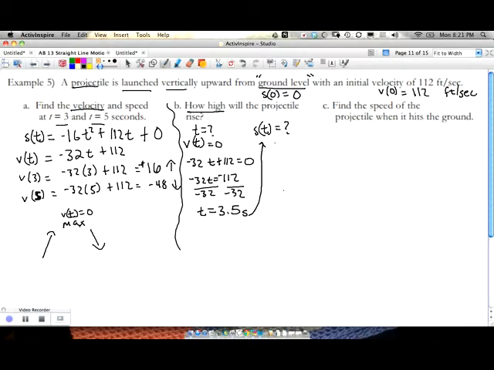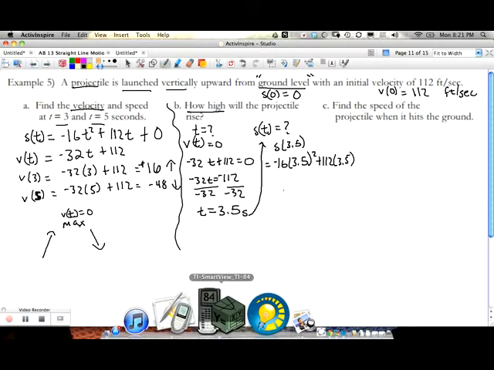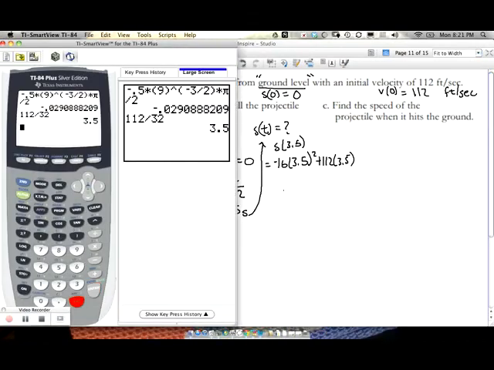Now we're going to plug that in. And what's s of 3.5? That's really the height at which we reach a maximum. So that's equal to negative 16 times 3.5 squared plus 112 times 3.5. Okay, calculators.